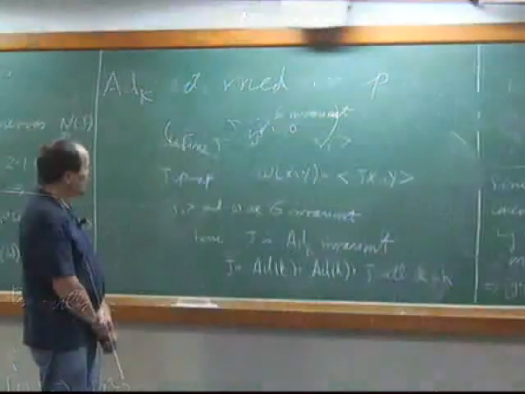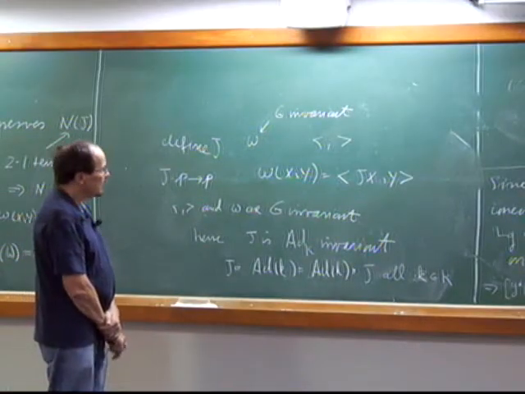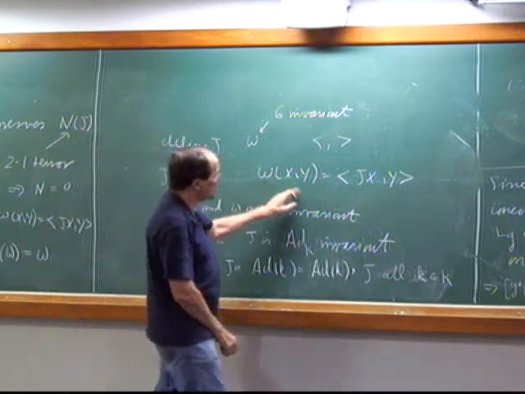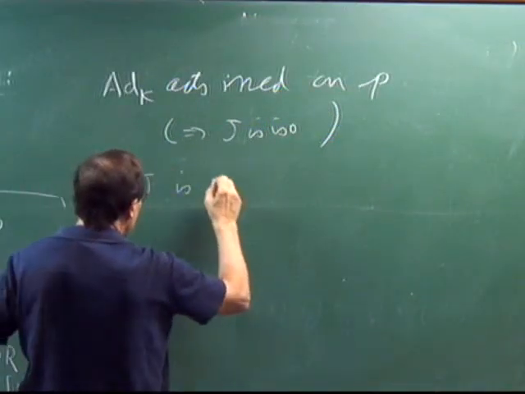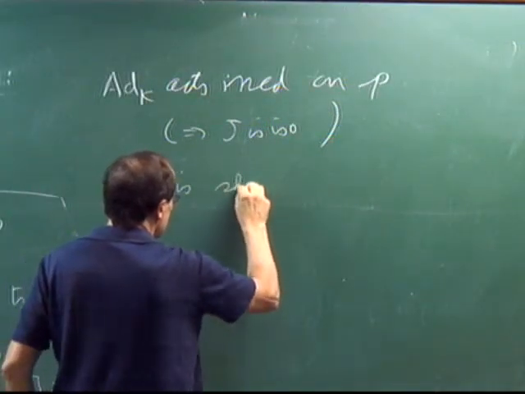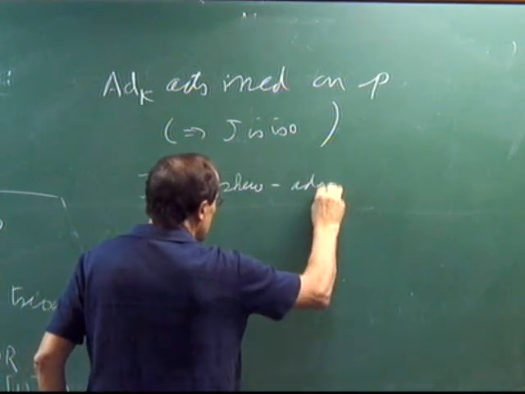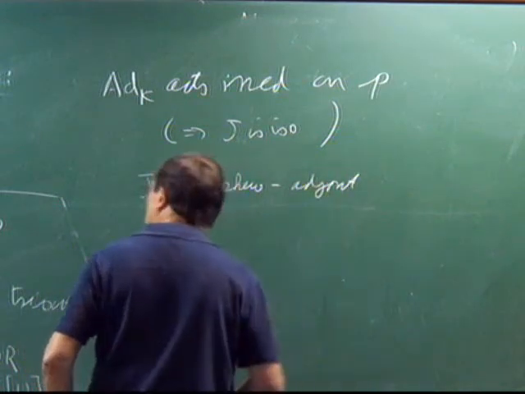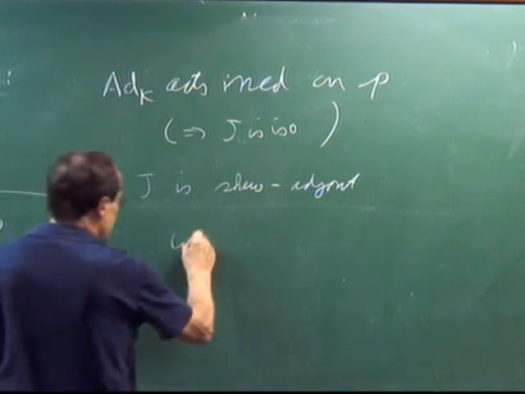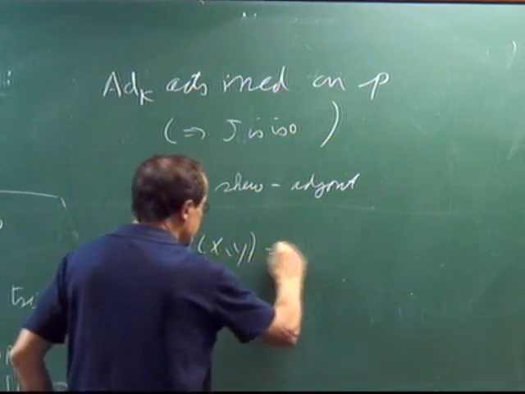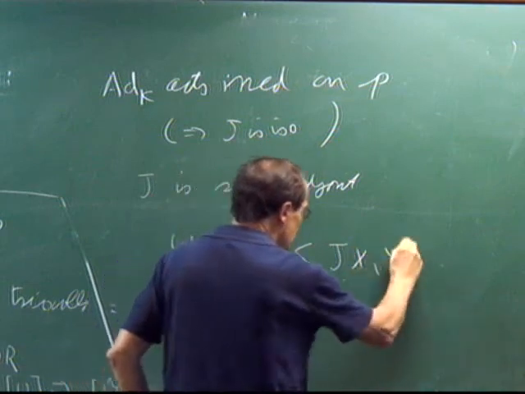Also, what do I know about J? I only know at this point from this equation here that J is skew symmetric, so it's what is that? Skew adjoint. Right, omega is skew symmetric, so I think we've done this computation before.